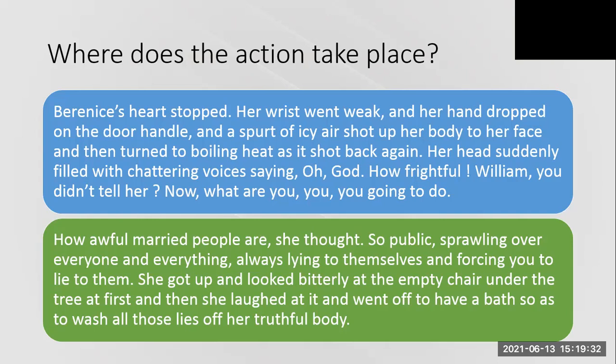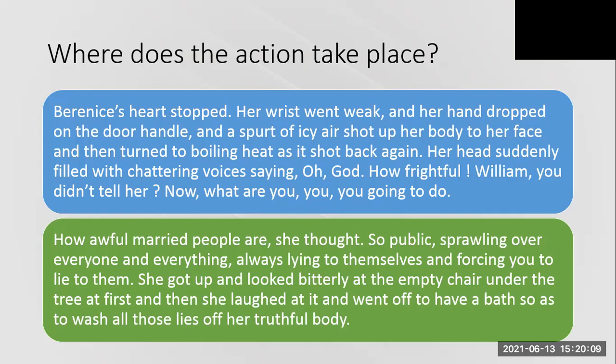So public, sprawling over everyone and everything, always lying to themselves and forcing you to lie to them. She got up and looked bitterly at the empty chair under the tree at first, and then she laughed at it and went off to have a bath so as to wash all those lies off her truthful body.